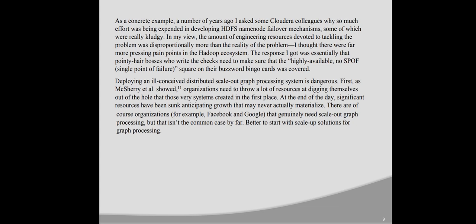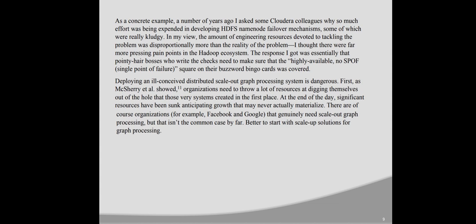In my view, the amount of engineering research devoted to tackling the problem was disproportionate to the reality of the problem. I thought there were far more pressing pain points in the Hadoop ecosystem. The response I got was essentially that the people who write the checks need to make sure that the highly available, no single point of failure buzzword bingo cards were covered.